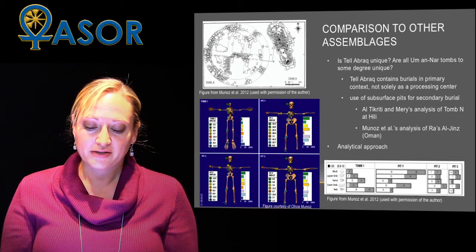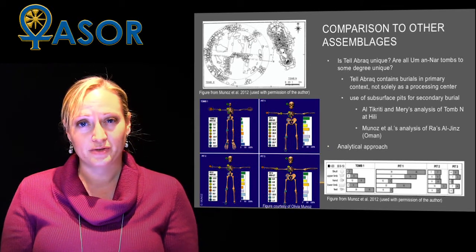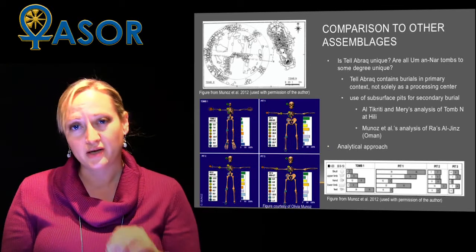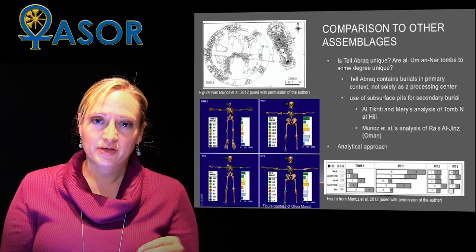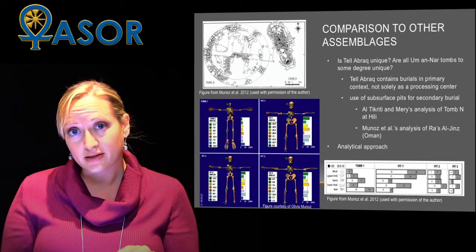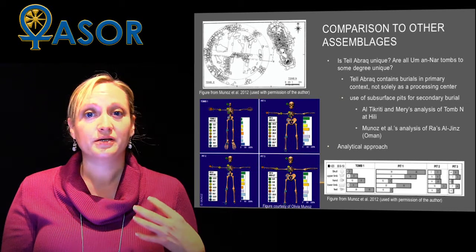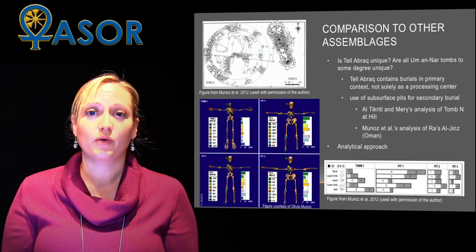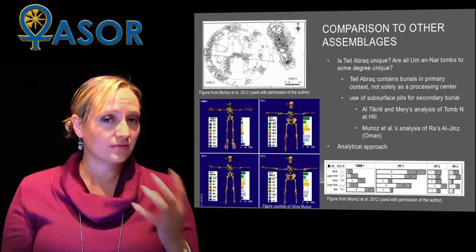And what you're seeing here on the left is actually a diagram showing the different representation of these elements within different pits in Munoz's analysis. And what you see is the larger an element appears in that diagram, the more prevalent it is in the assemblage inside that pit. So the tomb itself shows an overabundance of hand and foot bones, while some of the pits show an overabundance of crania and an overabundance of long bones.